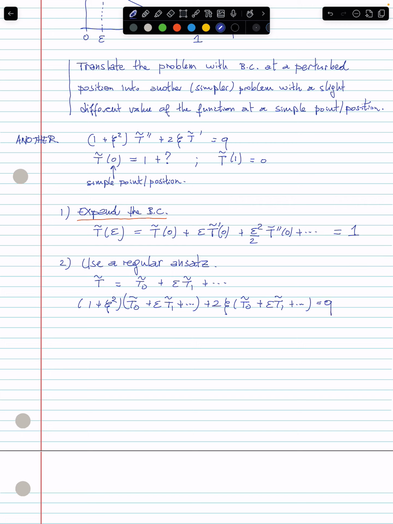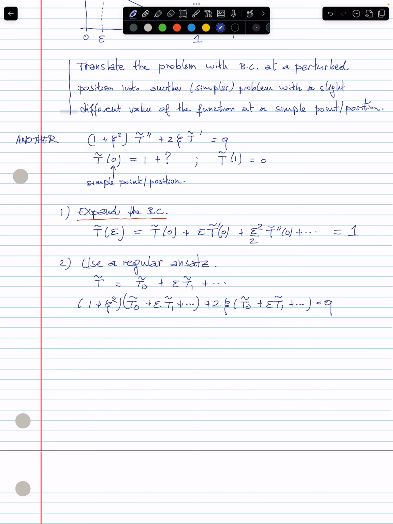Don't forget that we need also to substitute this into the boundary conditions. All right, so let's start with the boundary condition at epsilon over here. Of course now this will disappear, and the only thing we keep is the right part.